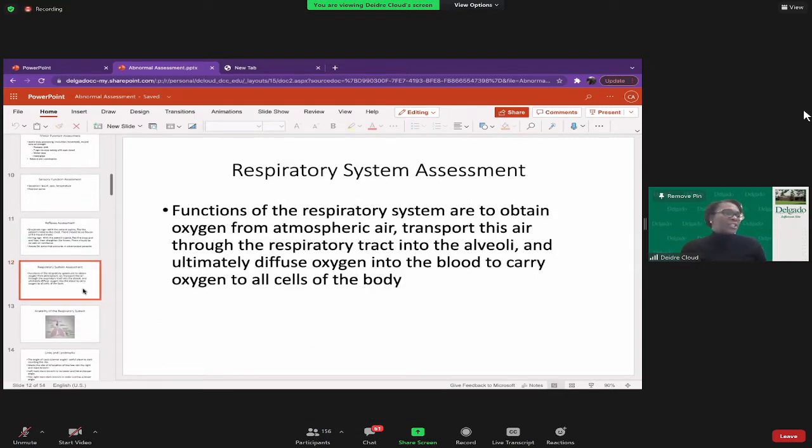Any questions about the neurological system? And the persons you'll collaborate with: if someone has speech issues or ambulation issues or paralysis on one side of their arm or legs, what services do you think that patient will need?